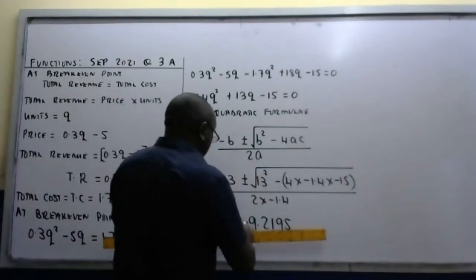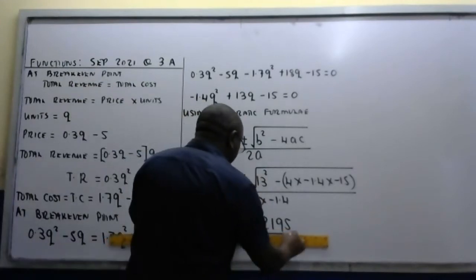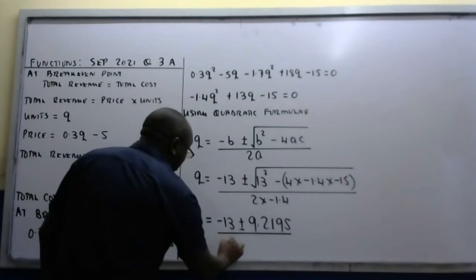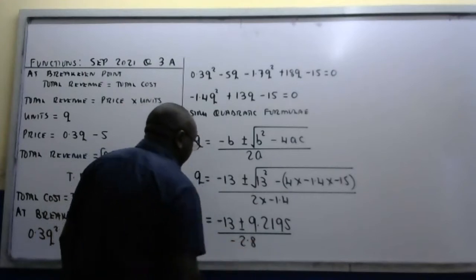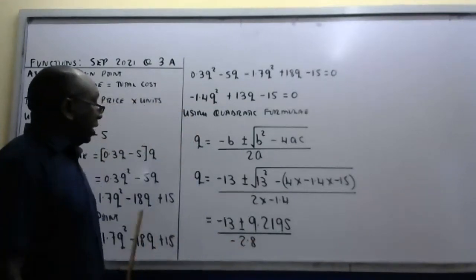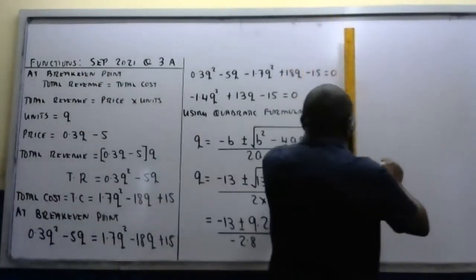Then this one, you divide by minus 2.8. So we now proceed.